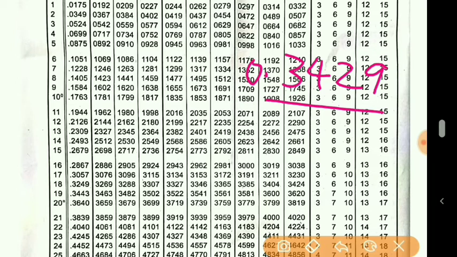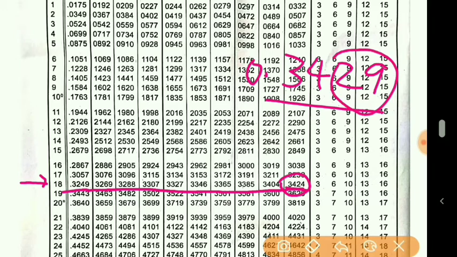So here you can see at this point it is 0.3249, but we want 0.3429. So we'll move in this direction towards the right-hand side. We got 0.33, then 0.338, 0.3404, 0.3424. Now see, this is 0.3424, but we want 0.3429.